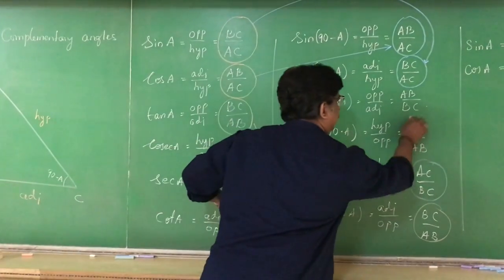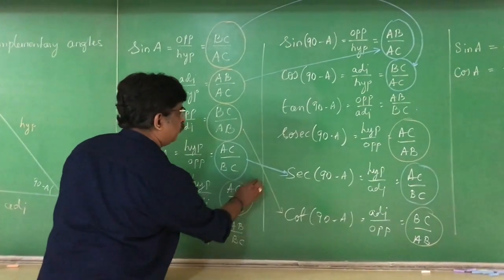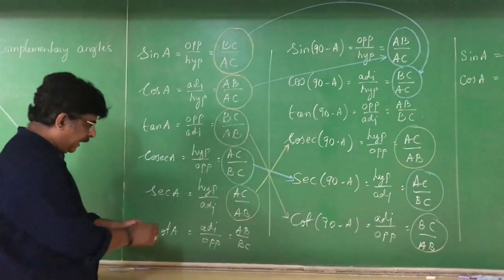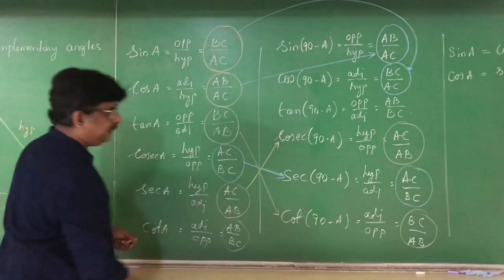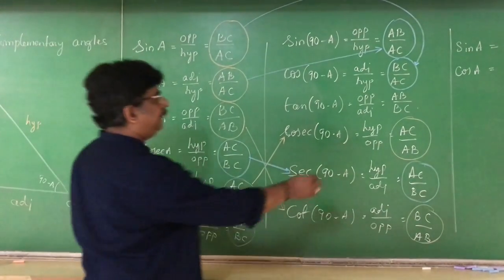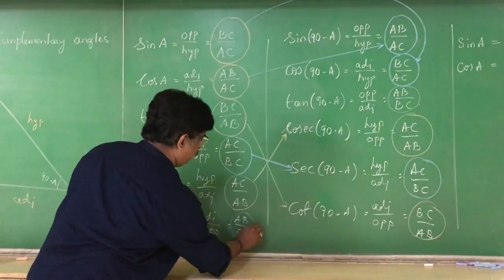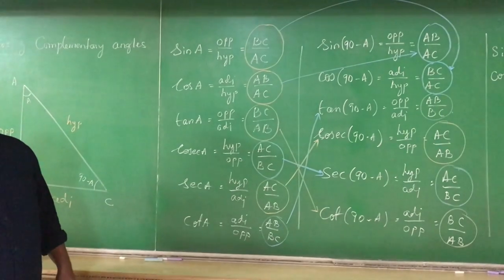Here. Therefore, secant A is equal to cosecant 90 minus A. The last one is AB by BC. AB by BC is here. Therefore, cot A is equal to tan 90 minus A.